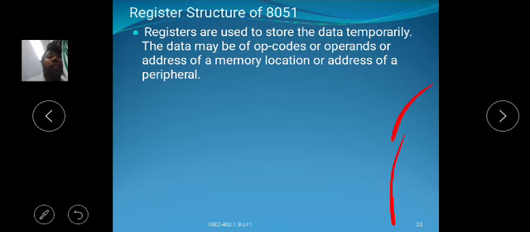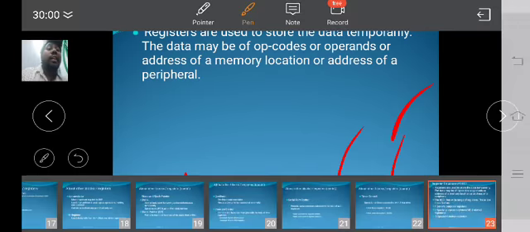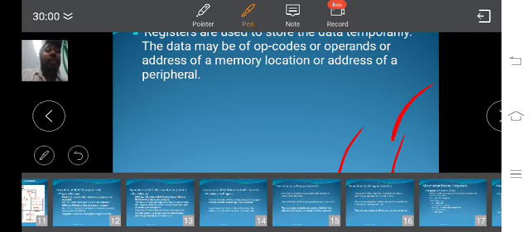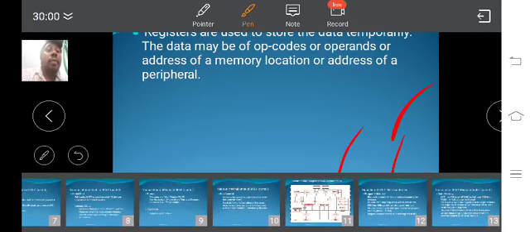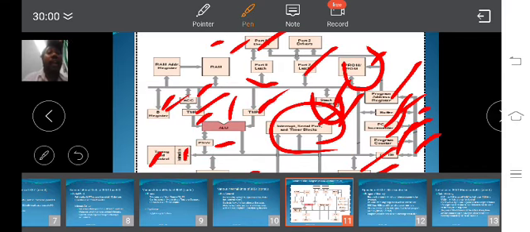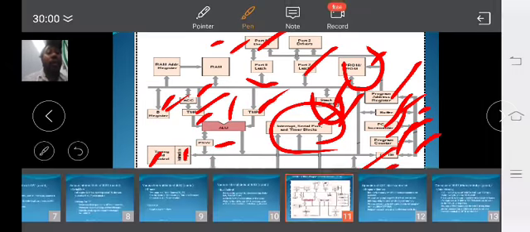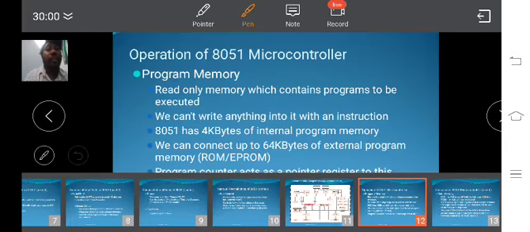This is the entire discussion about the organization, or the functional blocks, of the 8051 microcontroller. Here the first is the program memory.